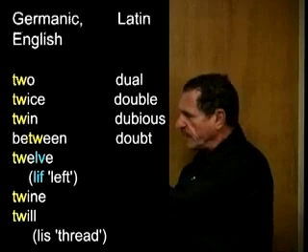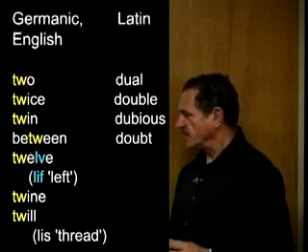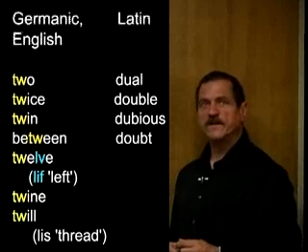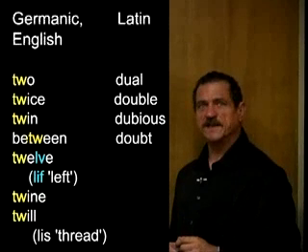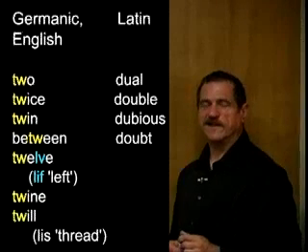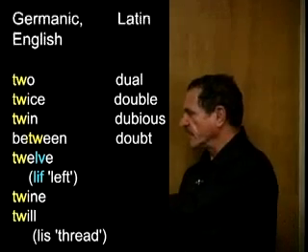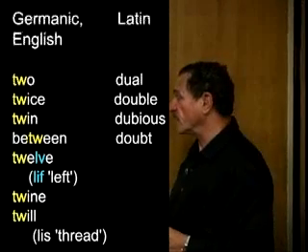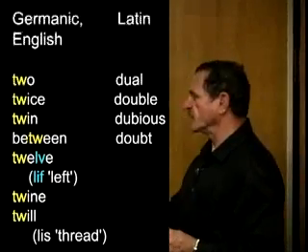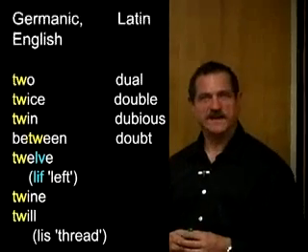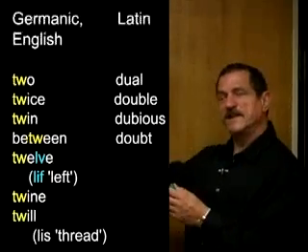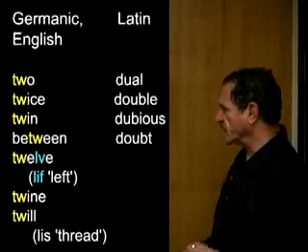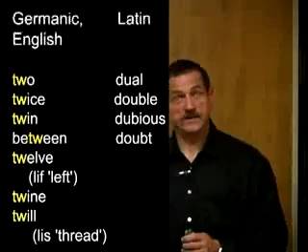The LV of twelve comes from a root LIF, leaf, in which we can see the modern English word left. That's the meaning of leaf. So the idea of twelve is two left after ten. You're counting up and you get to ten and there's two left that you still have to count, and that brings you up to twelve. Twine has two in it as well.